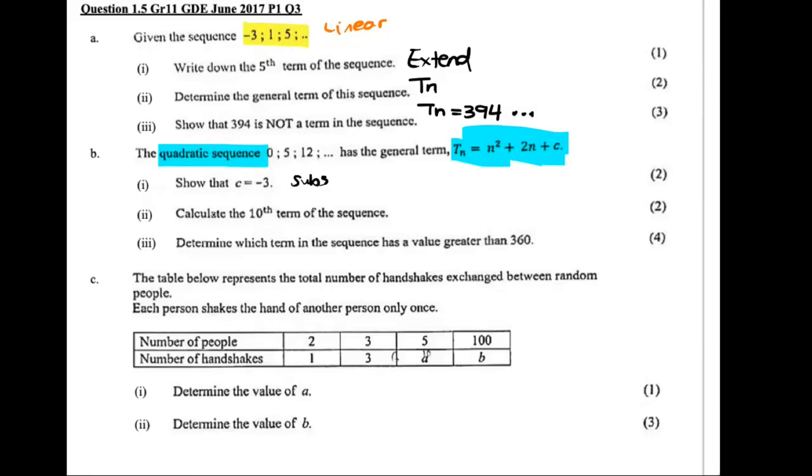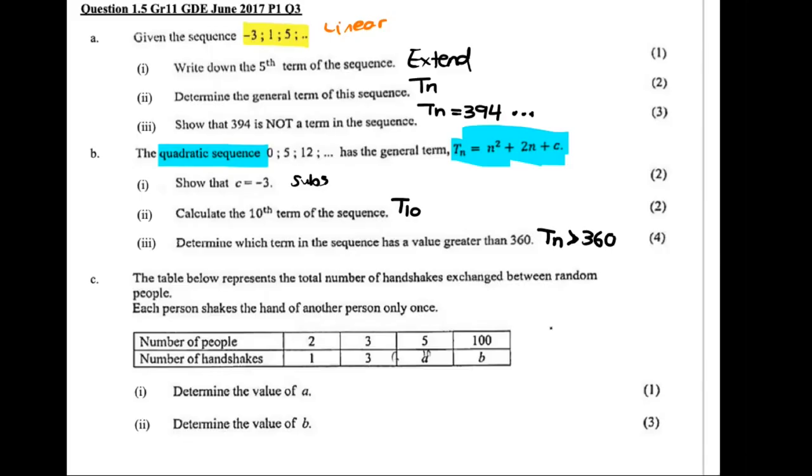Calculate the 10th term of the sequence. So that's T10. And then they say, which term in the sequence has a value greater than 360? So we're going to say Tn is bigger than 360.